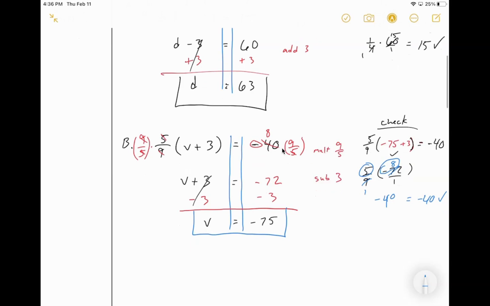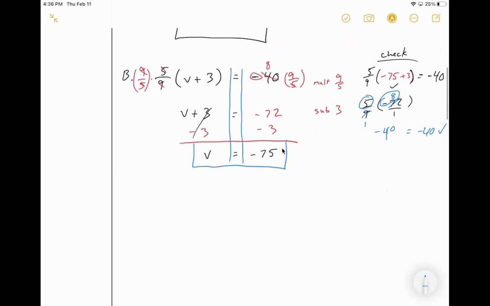All right, let's look at one that has a decimal as a coefficient. Okay, decimal coefficient. So like this. There's C here.